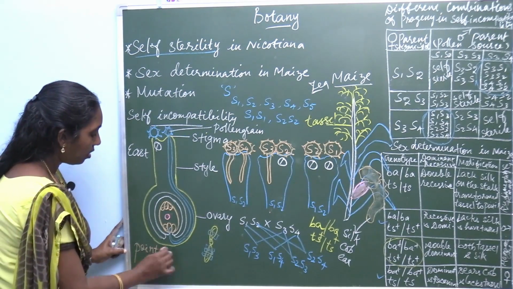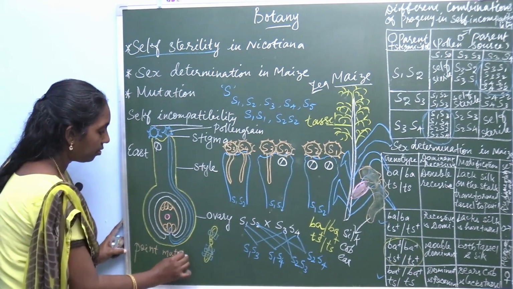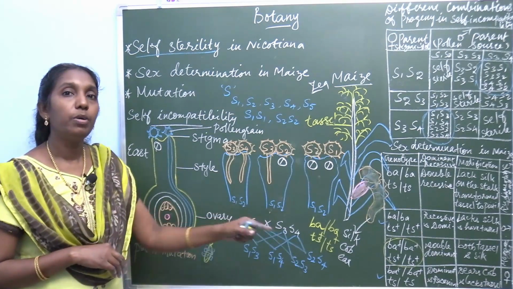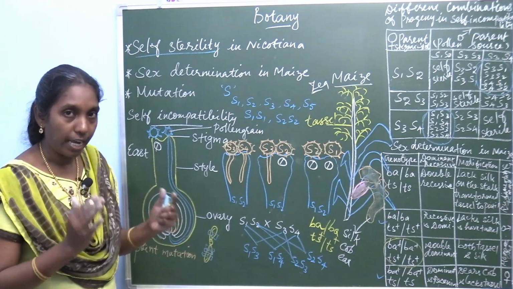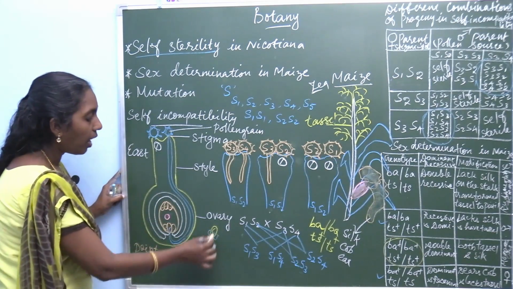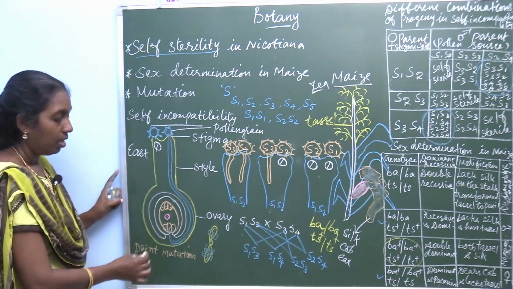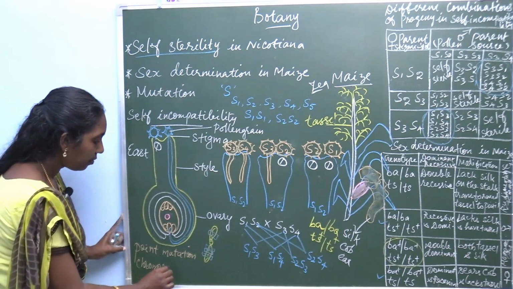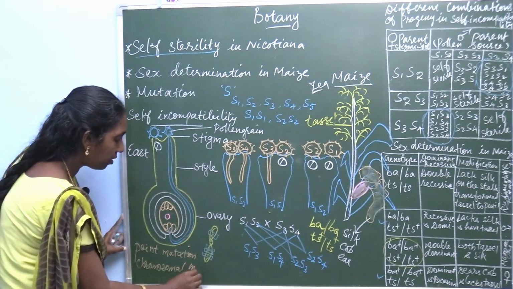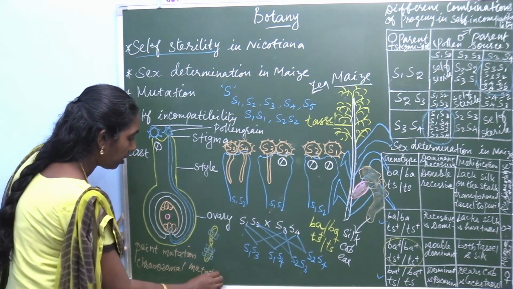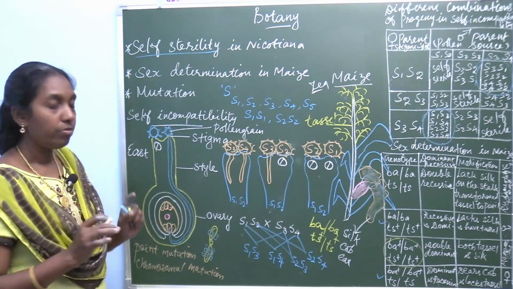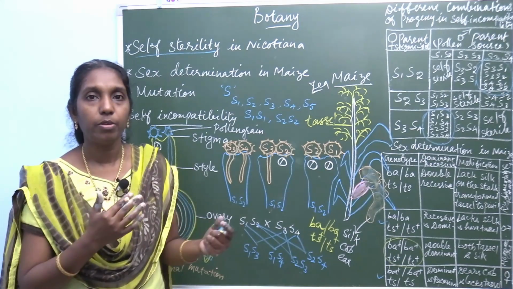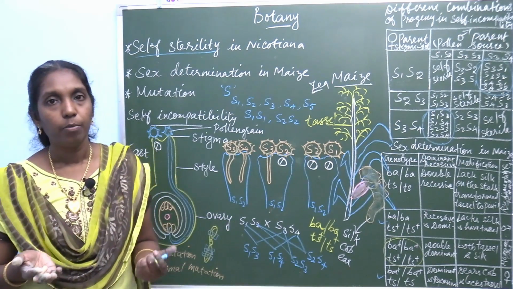And if mutation takes place in the structure and number of chromosomes, it is called chromosomal mutation. So, mutation is broadly classified into two types, point mutation and chromosomal mutation.